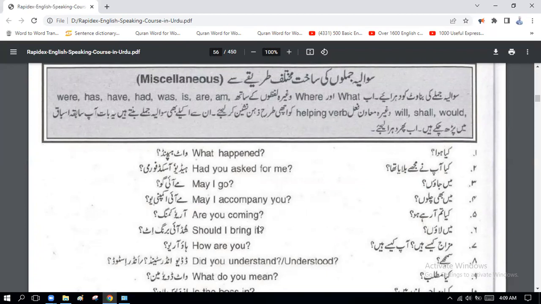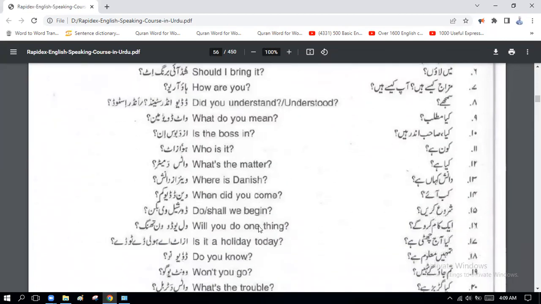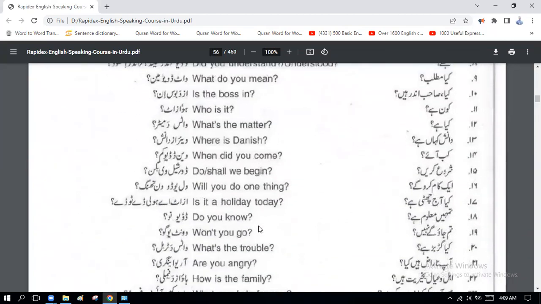What do you mean? Is the boss in? Who is it? What's the matter? Where is Danish? When did you come? Do we begin? Shall we begin? Do refers to present and shall refers to future.